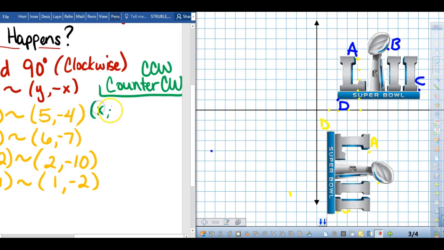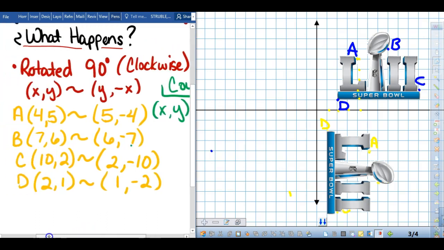Well, counterclockwise, an ordered pair x, y will change to -y, +x. So you can kind of see how it's the complete opposite of clockwise. So instead of y, we have -y, and instead of -x, we have +x. Okay, and that's counterclockwise 90 degrees. All right, so that takes care of the 90 degrees.